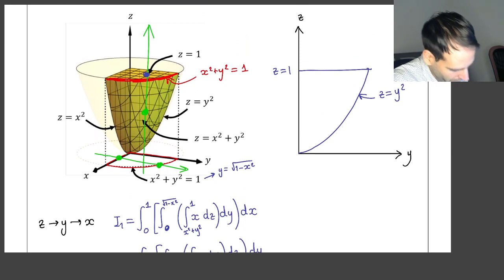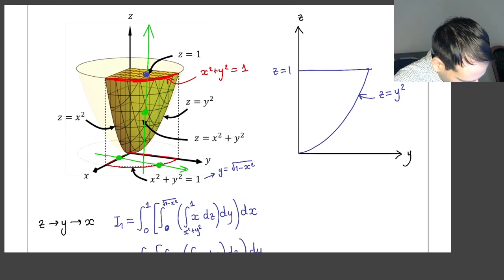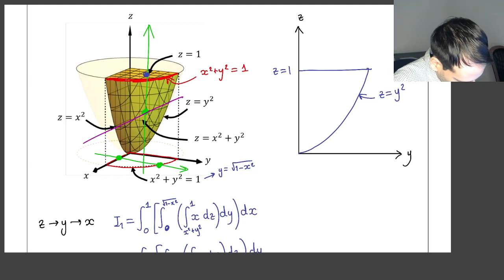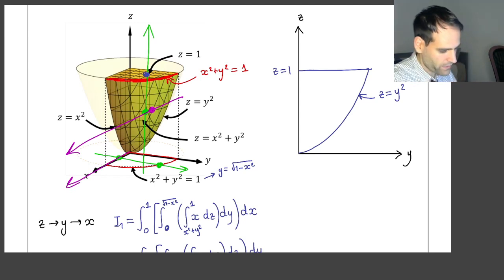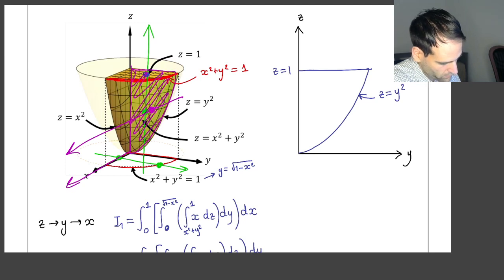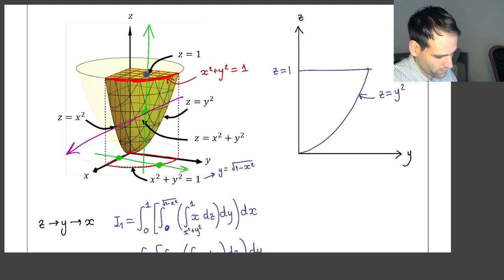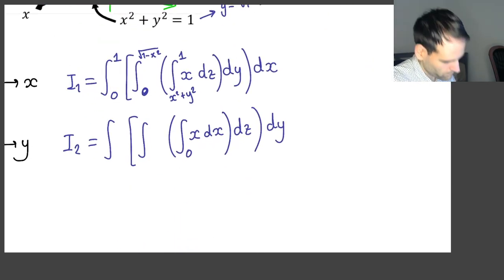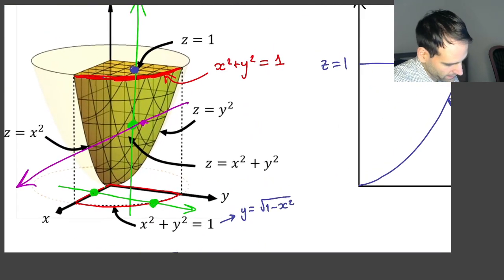Okay, so what is the x direction? It's difficult to draw in this diagram, but the x direction is something like this. Yeah, it's parallel to the x-axis. So it enters the region of integration in this region here, which is the plane x equals 0, right? So it enters the plane x equals 0. And when does it exit?